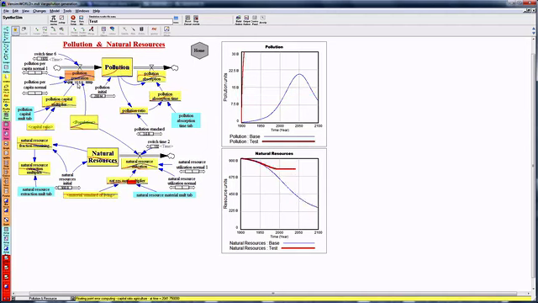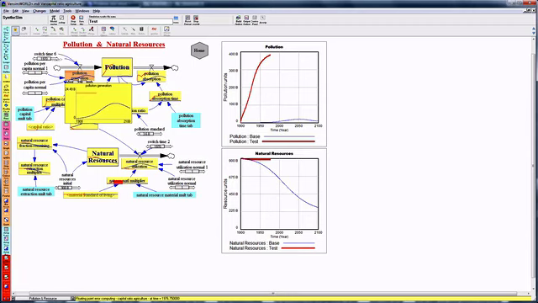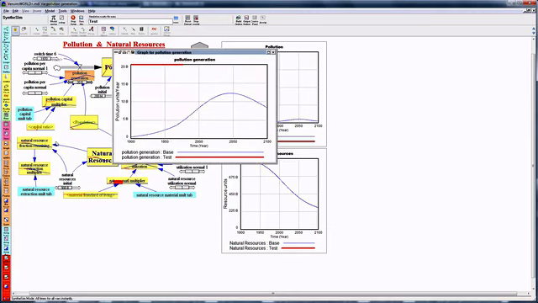And I'll set my slider to 20 billion, and these are abstract units of pollution. So now my pollution generation is just a constant.